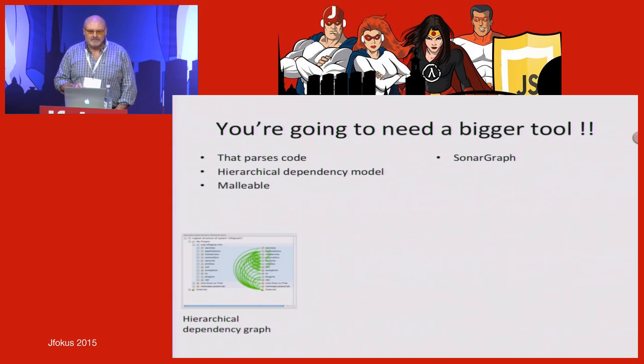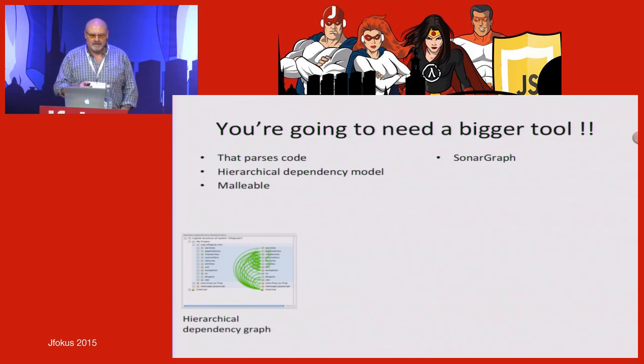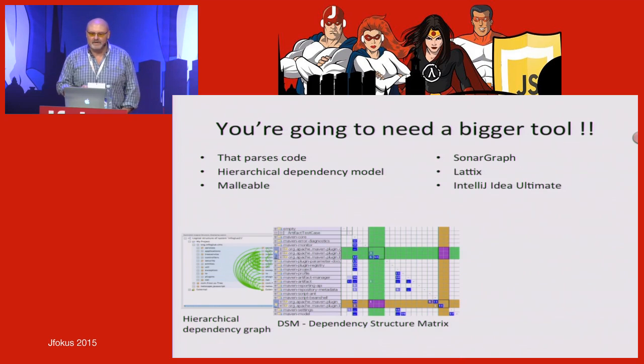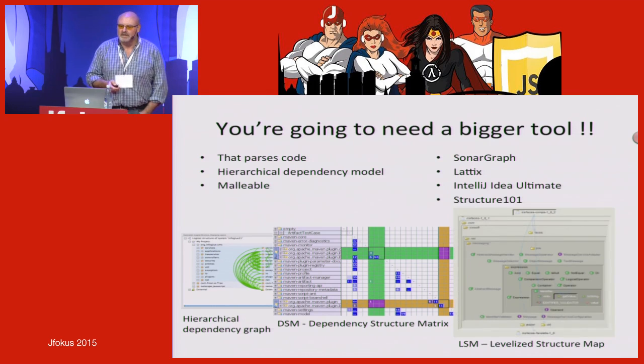There are a few options out there. Sonargraph uses these kinds of things here. They're a type of hierarchical dependency graph. There's another tool called Lattix. IntelliJ IDEA Ultimate has dependency structure matrices. That kind of thing is what you need. And Structure101, which is my baby, uses these things called levelized structure maps.